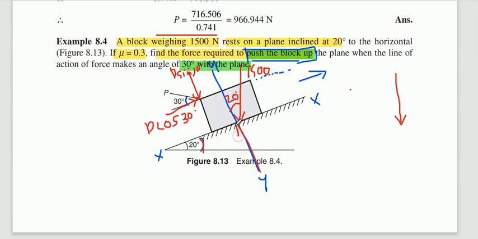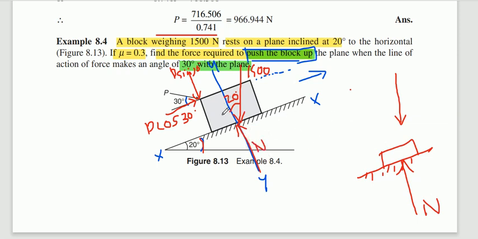So our plane is here, which has a smooth surface on which the block is resting. Always at the contact surface, perpendicular to the contact surface, we need to draw the normal reaction. Because of this reaction only, the block is able to rest on the plane. So therefore you need to draw the normal reaction N here.